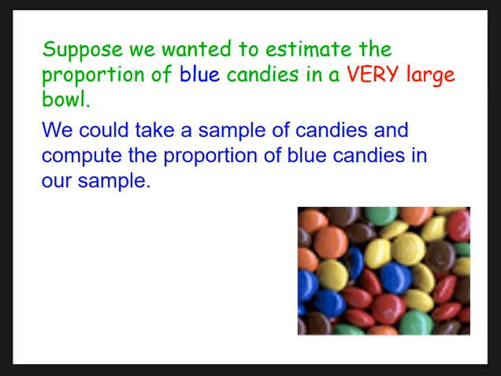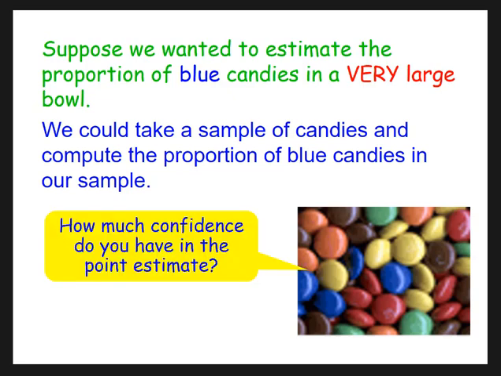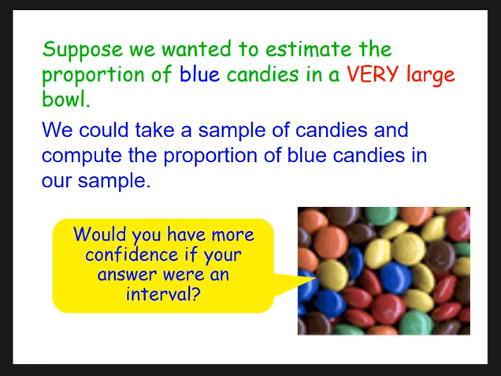Unfortunately, most of the time we don't know what that standard deviation is. So suppose we want an estimate of the proportion of blue candies in that very large bowl. We could take a sample of those candies and compute the proportion of blue candies in our sample. So how much confidence do you have in this point estimate? Would you have more confidence if your estimate were an interval?